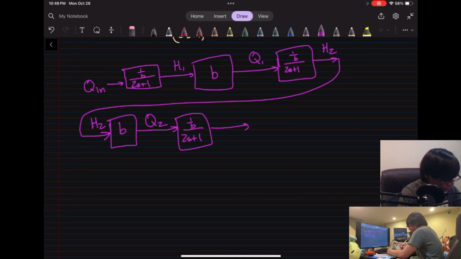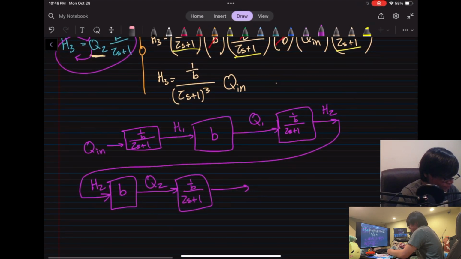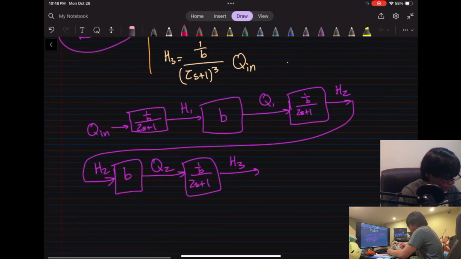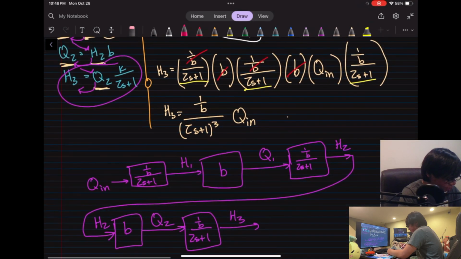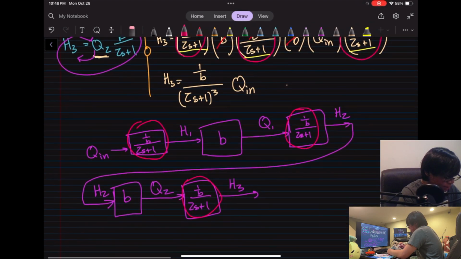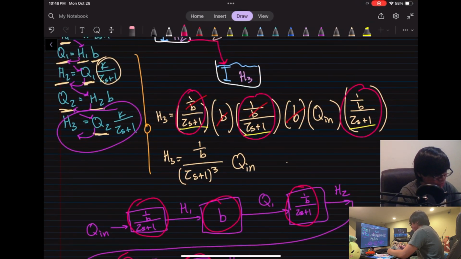And now we have, well, our height of the third tank. Again, noticing we have 3 of our transfer functions, and then 2 B's. Remember, that's our constant we use to relate outlet flow to height.